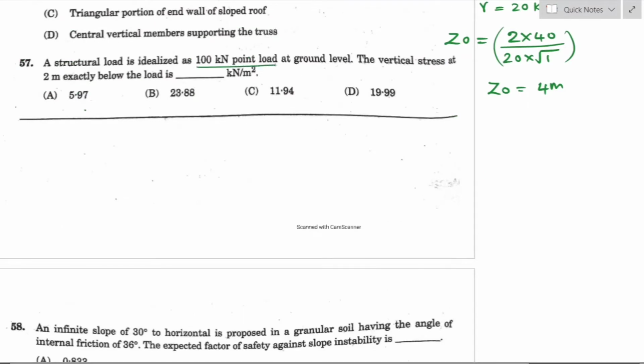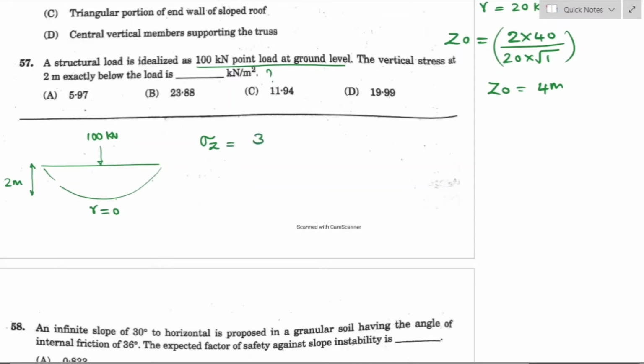Question number 57. A structural load is idealized as 100 kN point load at ground level. The vertical stress 2 meter exactly below the load is asked, where the vertical load is 100 kN. This is the depth at which we have to calculate the stress, 2 meter. So the radial distance will be 0.